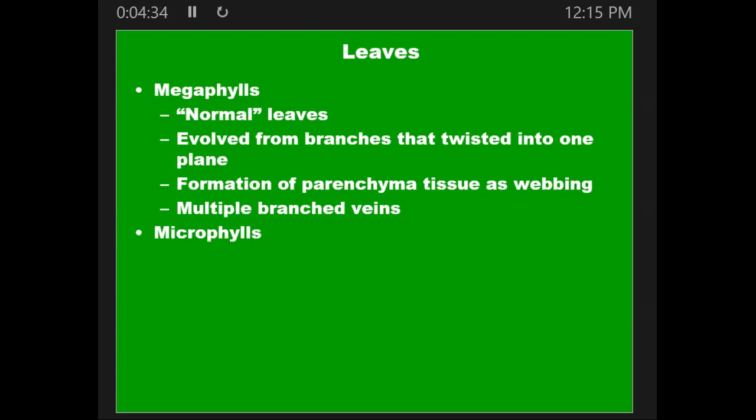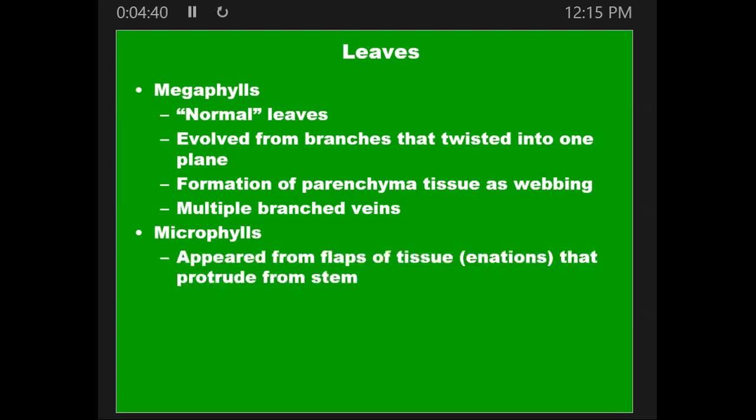The other option is a microphyll, which are technically they're leaves. They're just really simple. They think that they evolved from, and I'll show you what these enations are in a second, but enations are just these little flaps of tissue. So they think the microphylls kind of took that enation idea and ran with it a little bit more so that you end up with this small little tiny leaf with just one little vein going into it.